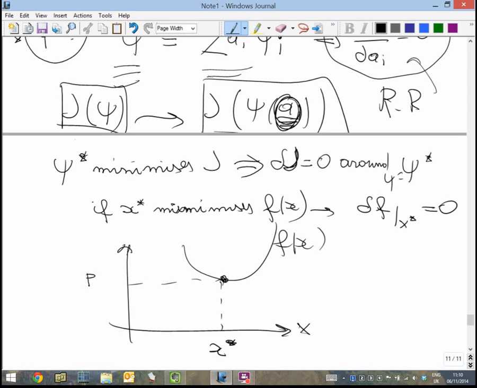What you see here is that if I move around in the neighborhood of my point x star, the price I pay for that in terms of accuracy on my value for f of x at the minimum, which I will call here p, will be very small. So if I move around here on the x-axis, based on the fact that my derivative is 0 and that I have a 0 slope here, a flat curve, walking around in the neighborhood of this point will result in a very small variation for the actual function value.